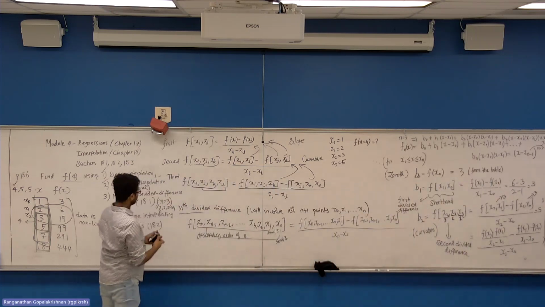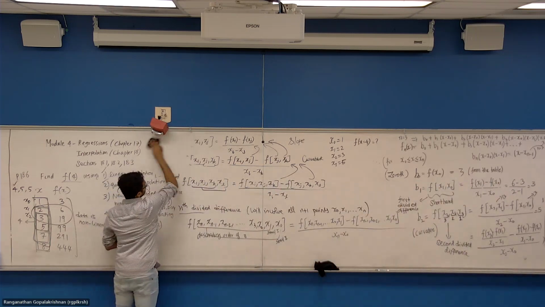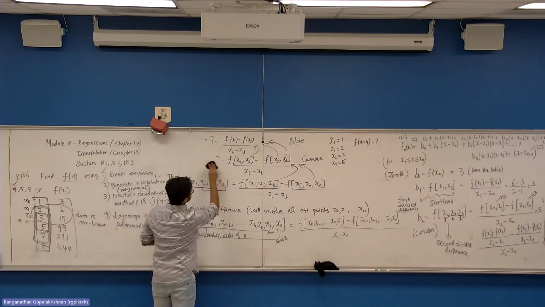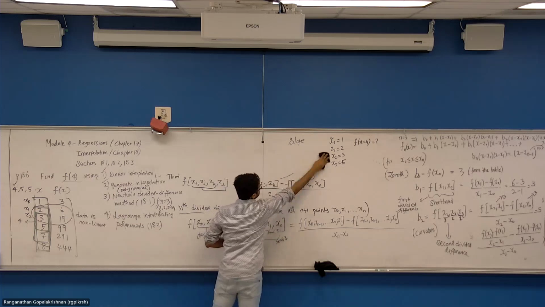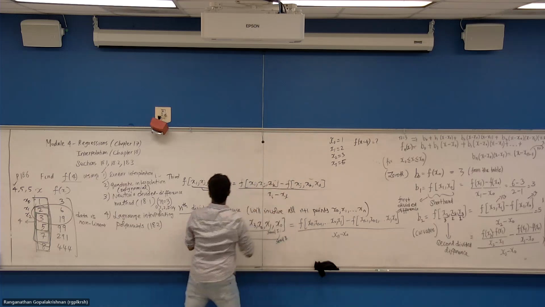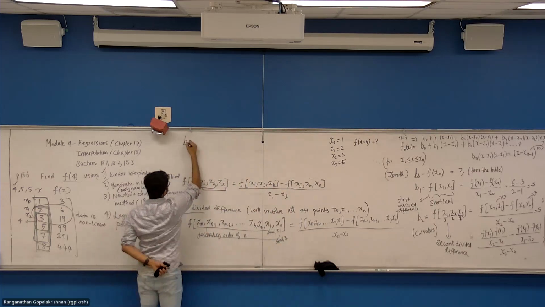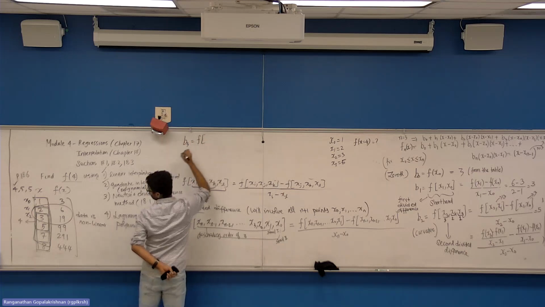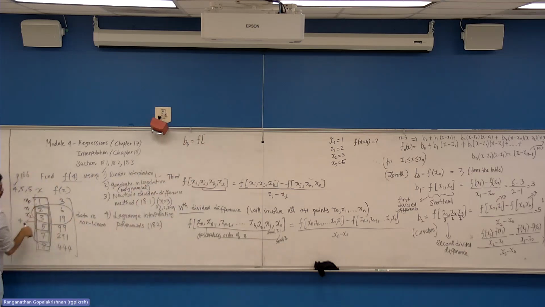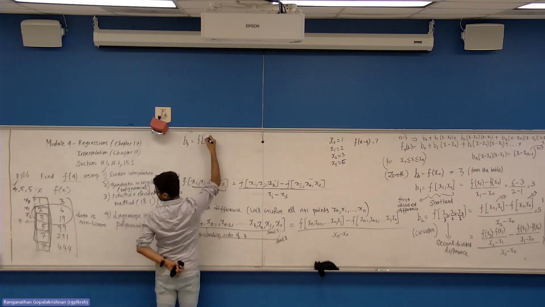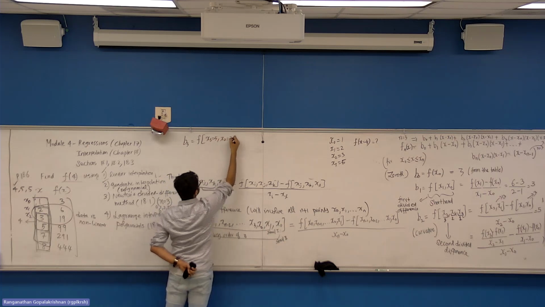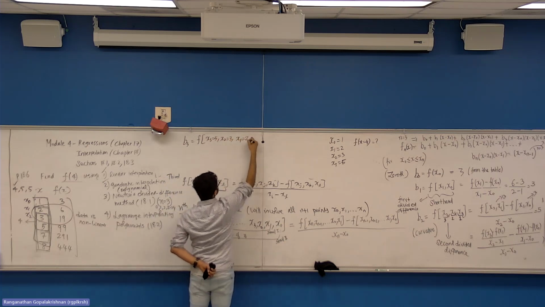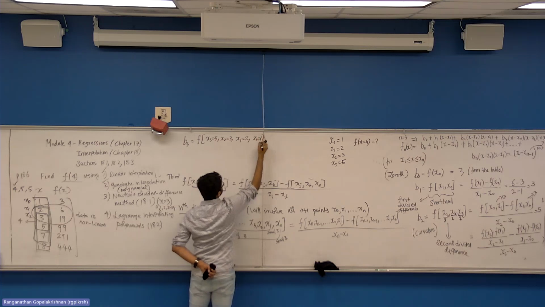if you want to get b3, my stencil now involves all the 4 points, right? x3, which is 5, x2, which is 3, x1, which is 2, and x0, which is 1.